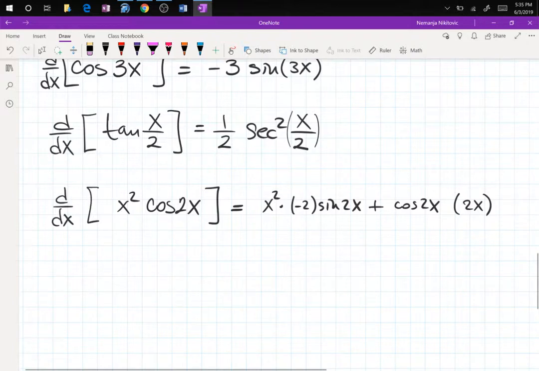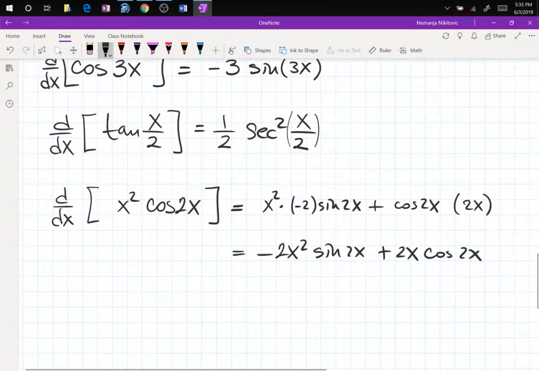And now we can fix that as negative 2x squared sine 2x plus 2x cosine 2x. We can factor out 2x, and I'm just going to swap these, so negative is second, so cosine 2x minus x sine 2x.